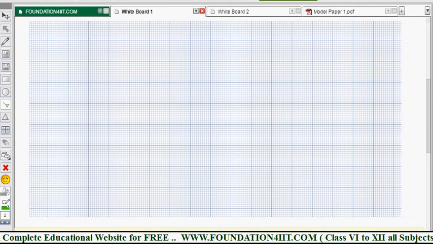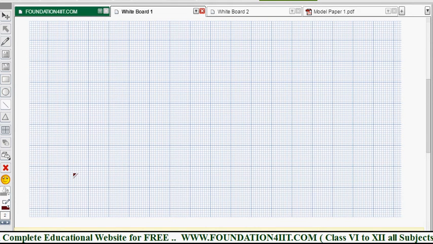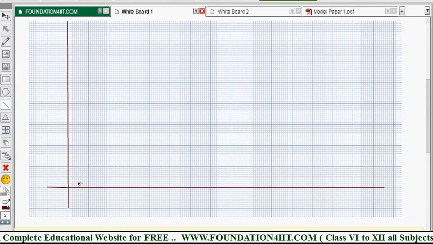So take the x and y axes. We can make the plotting points.